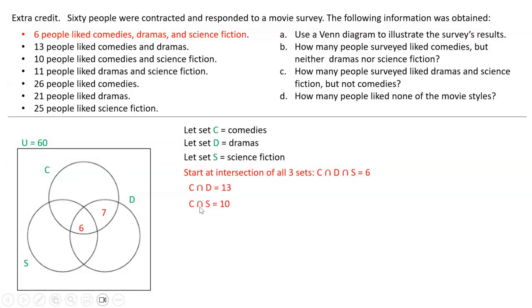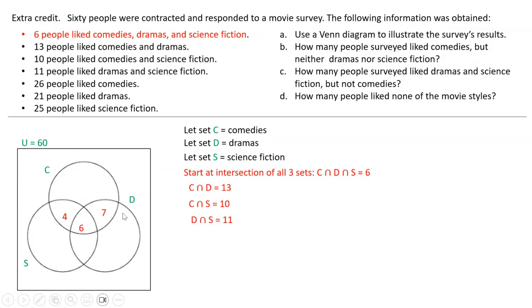Now let's use C, comedies, intersect science fiction, which is 10. So C intersect S are these two here, and this is the area in question. This has to be 10. Since we already have 6 here, then this has to be 4, because 4 plus 6 will give us 10. Now, dramas intersect science fiction.